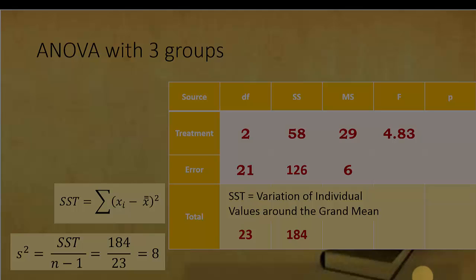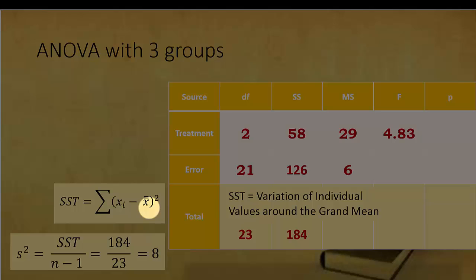Okay, now we'll look at the sum of squares total, the variation of individual values around the grand mean. So we'll take each individual value x sub i, subtract the grand mean, square them, and sum them. Now this should look familiar. This is just the numerator of the standard deviation or variance that we've been computing all along. It's just that since we're splitting things into 3 groups, we're going to call this x bar bar here.